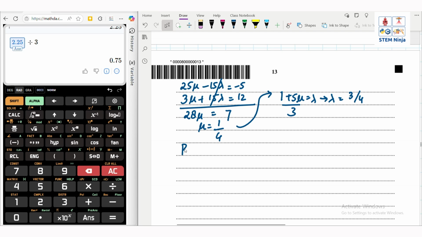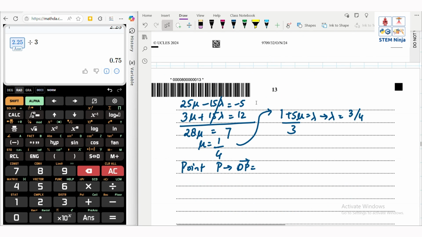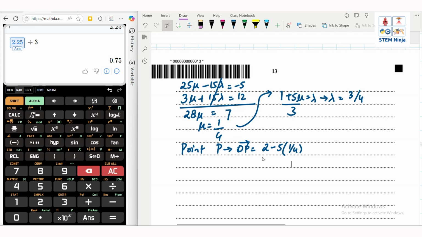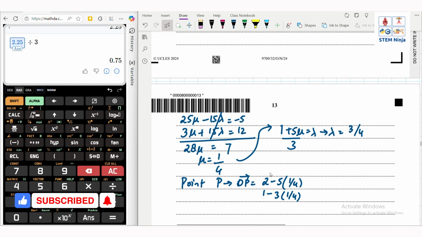So point P would be OP. We just need to plug into, let's say, the second equation: 2 minus 5 times 1 over 4, 1 minus 3 times 1 over 4, and minus 3 plus 5 times 1 over 4.